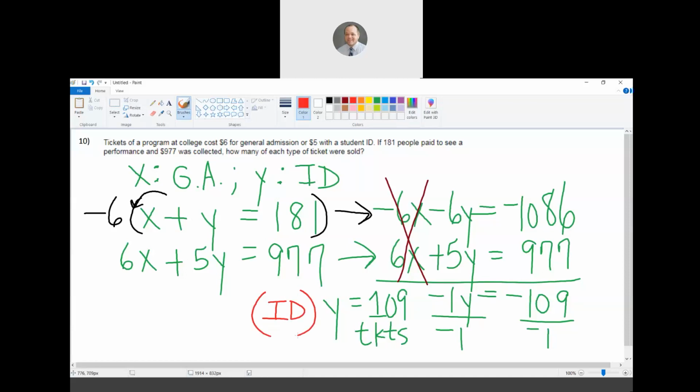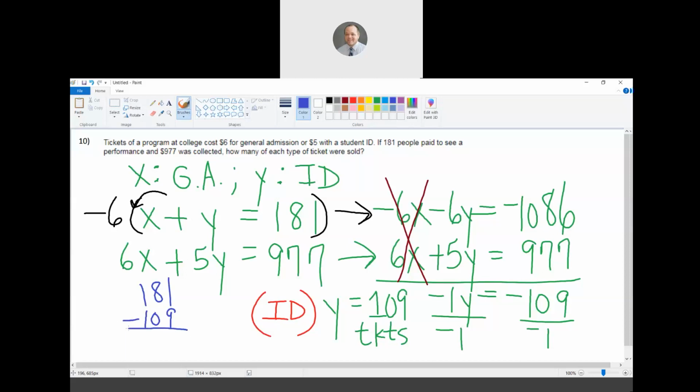Now we need to go back and find how many were general admission. Well, 181 was the total amount of tickets sold. And out of that 181, 109 were student ID.